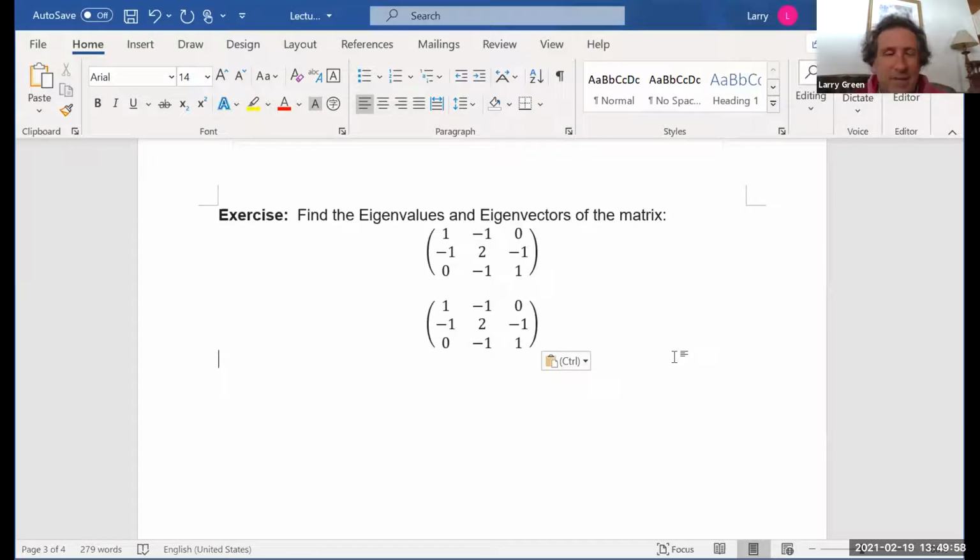You've got to brush up on your old algebra skills, not linear algebra. This is a section where we do nonlinear algebra to do linear algebra.